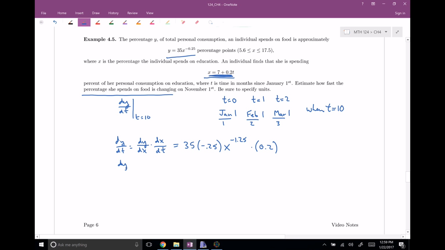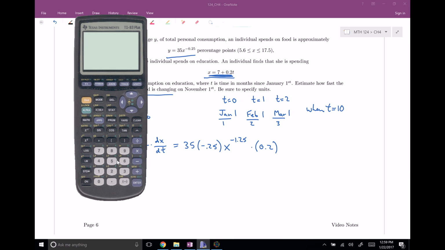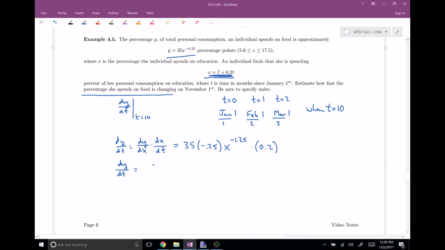So let's see, I'm going to rewrite this one more time. dy dt is equal to, all right, let's go ahead and pull out my calculator and simplify this down a little bit, because we have a 35 here. We have a negative 0.25, and we have a 0.2. All of these are being multiplied by each other. So negative 1.75. And the only thing that I haven't taken into consideration is this x raised to the negative 1.25.